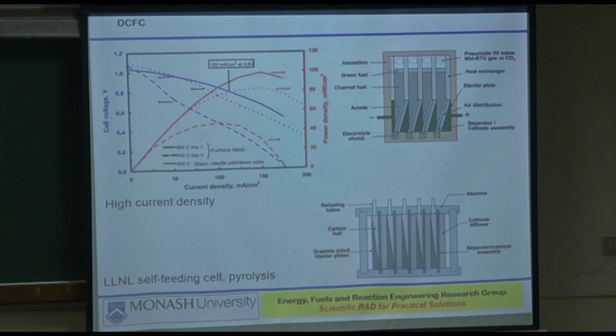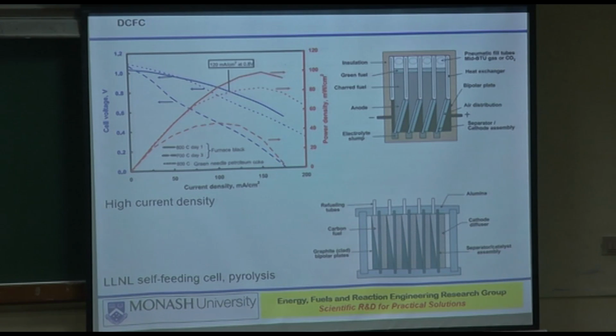Green fuel could be biomass, right at the top, that green horizontal block, and the heat coming from the bottom of the fuel cell is actually pyrolyzing, and that's dropping the carbon, which is called charred fuel, into the anodes. Okay, and where is that devolatilized pyrolysis gas going?